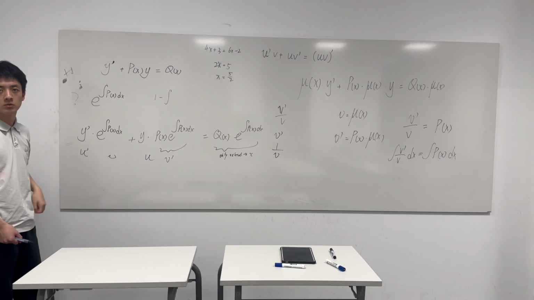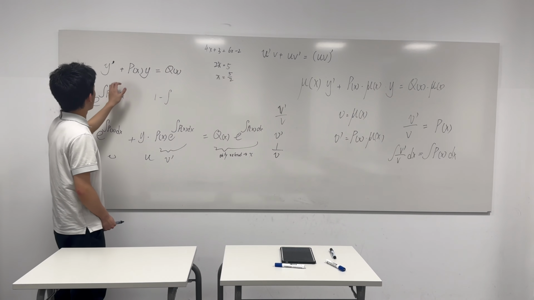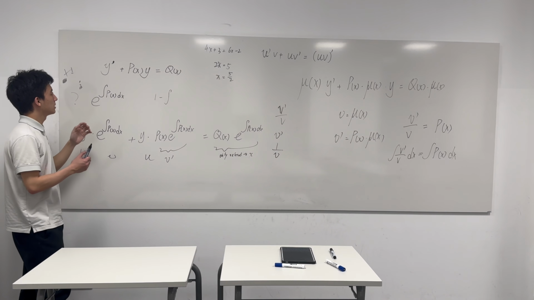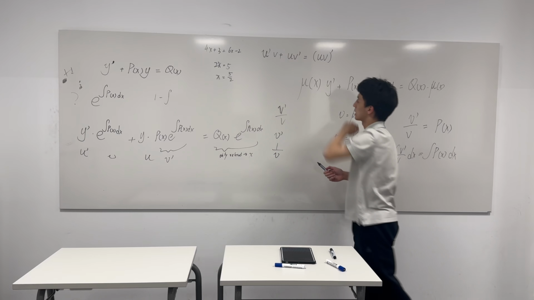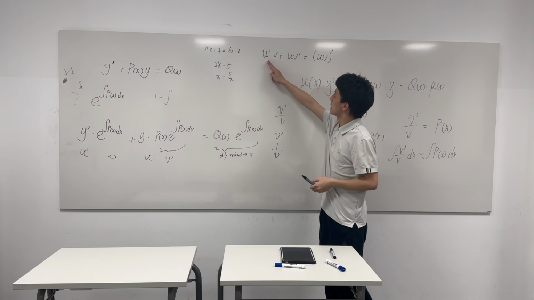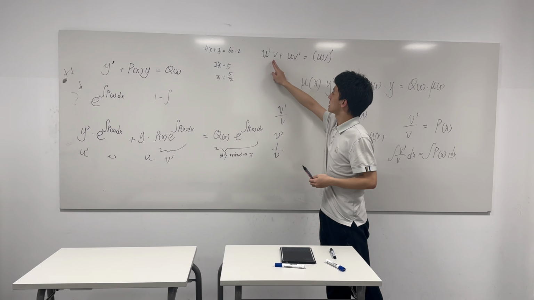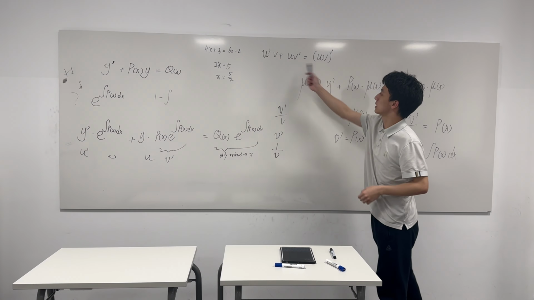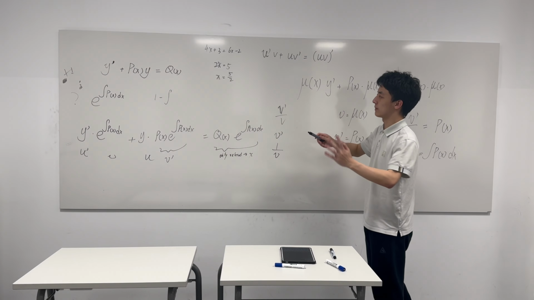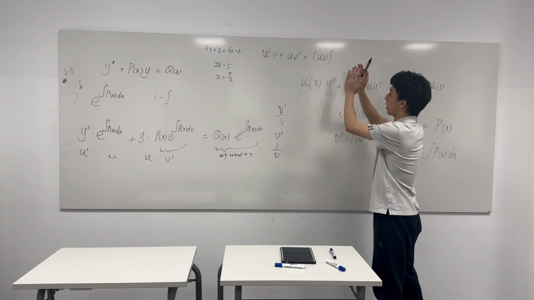However, it's not possible because we have a y derivative. So we want to combine the left side into something like something times y. That's why we think about this. Because there's already a y derivative and a y, if we can find something to form v and the v derivative, at the end we can use this formula to simplify the left side to something times y, something times y derivative.